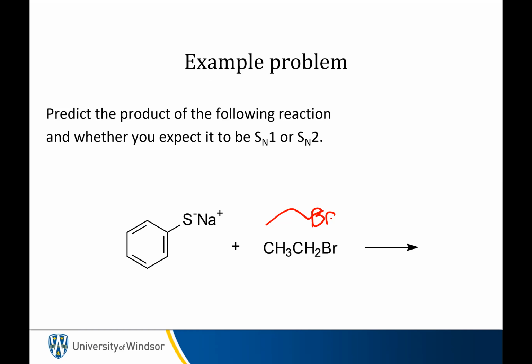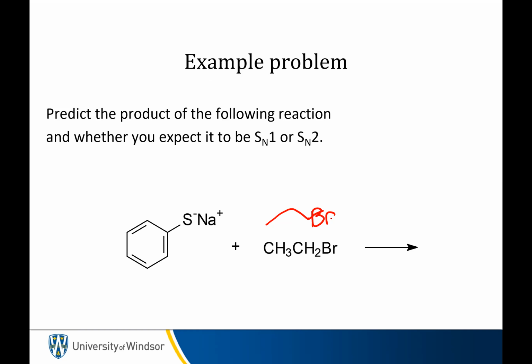Yeah, it's a negative S. It's S minus, sodium plus. So the cool kids are answering in the chat. It doesn't indicate what the solvent is. Emmanuel is stuttering his answer a little bit.